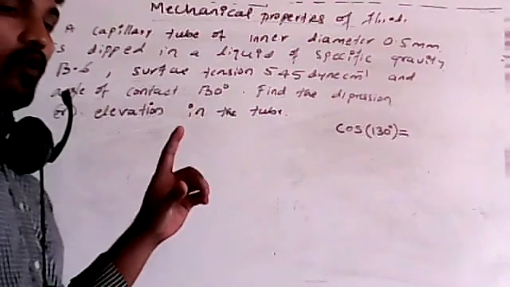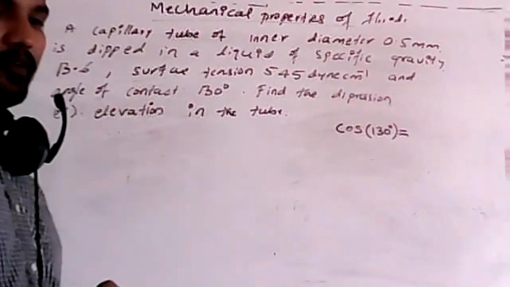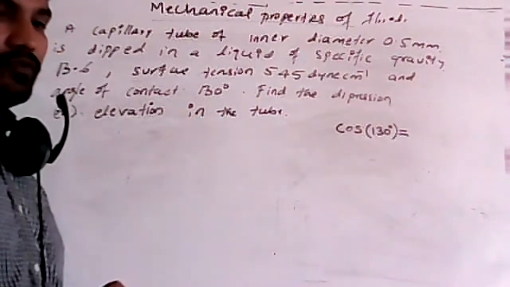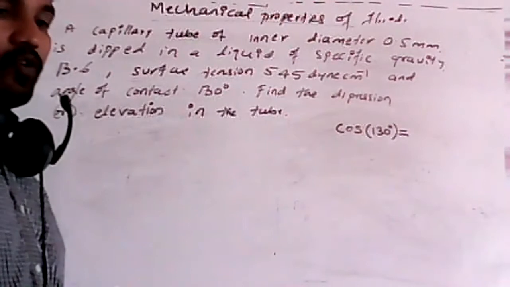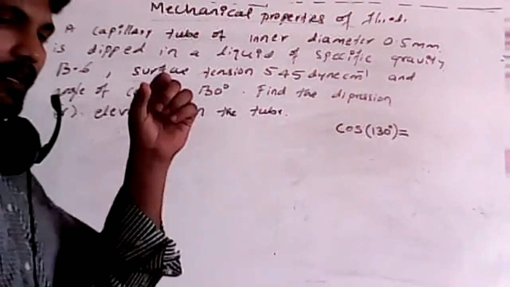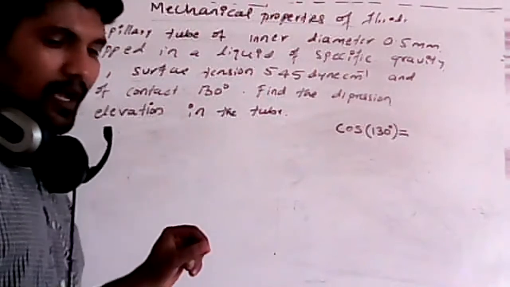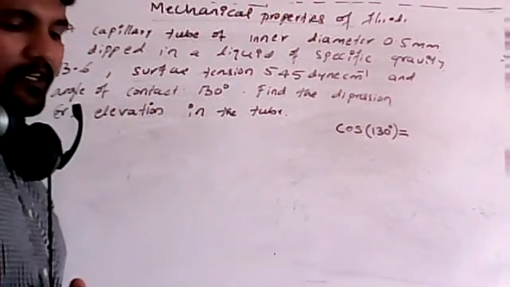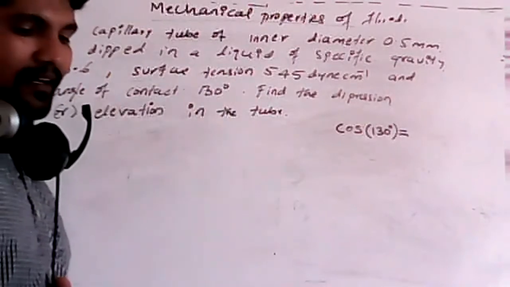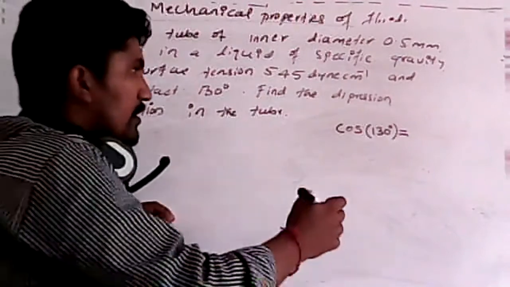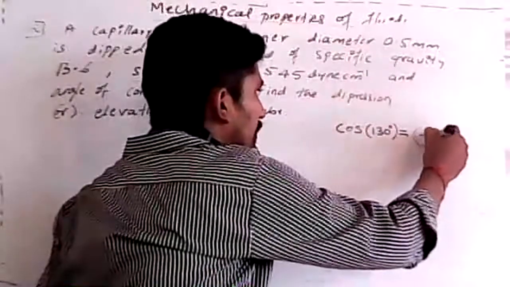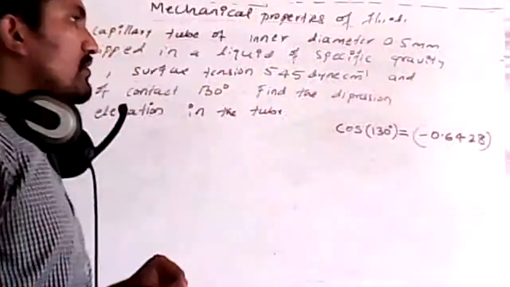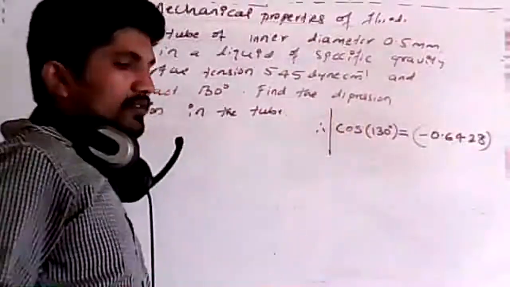Then cos(180 minus theta) gives minus cos theta, so minus cos 50 degree. In the logarithm table you will get the answer. If you know the logarithm table, you can go through it, otherwise I will give you a direct answer. Just write down, cos 130 degree is minus 0.6428. This is the answer.